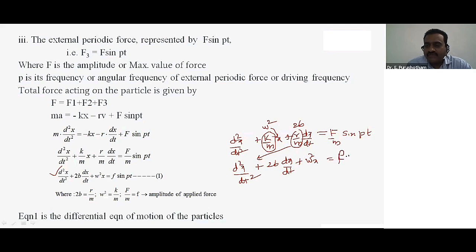So this is equation number 1, where 2b = r/m, ω² = k/m, and capital F by m is equal to small f, the amplitude of the applied periodic force. This equation 1 is known as the differential form of equation, or differential equation of motion of a forced oscillator.